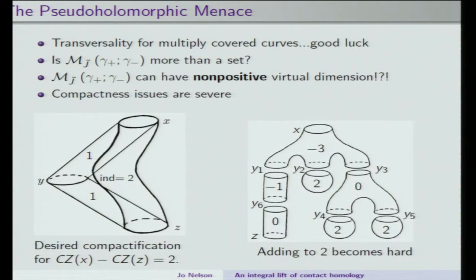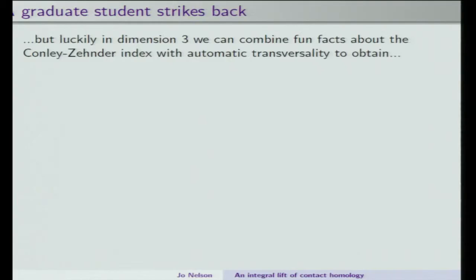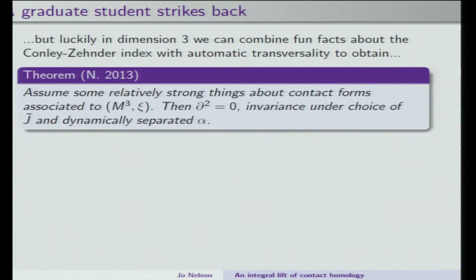But if stuff has non-positive virtual dimension, then you can add to 2 in a very interesting way, so you can't prove that D squared is 0. Luckily, in dimension 3, there are some really nice facts about the Conley-Zehnder index and automatic transversality. If you assume some relatively strong things about the types of contact forms you can consider, then you can get D squared is 0 and get invariance.